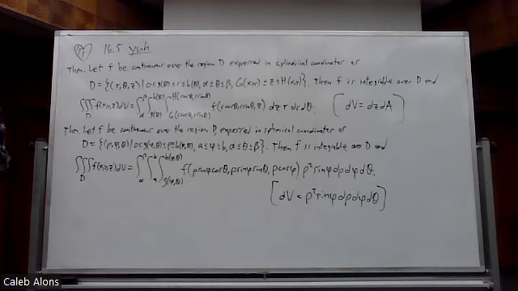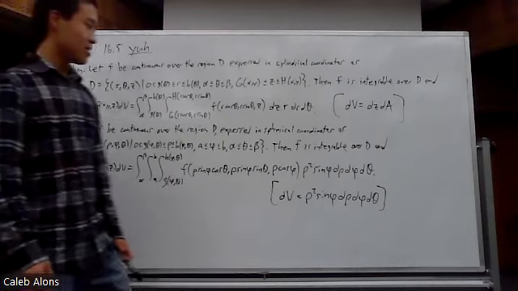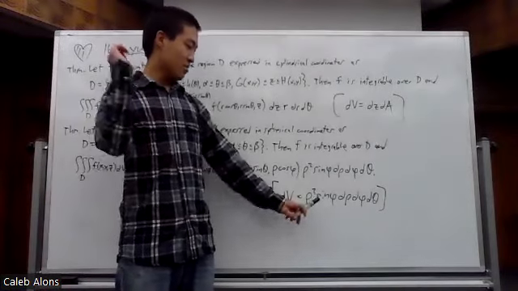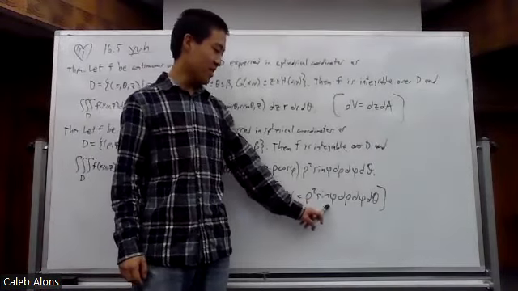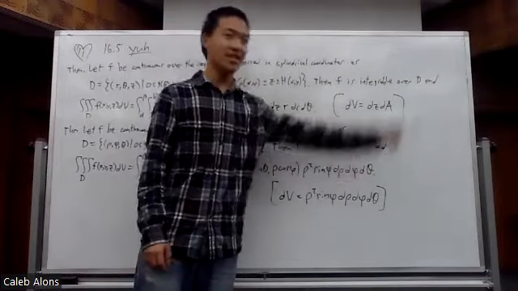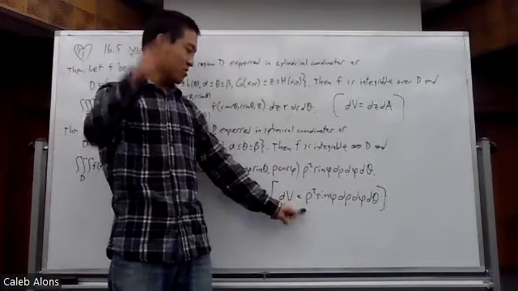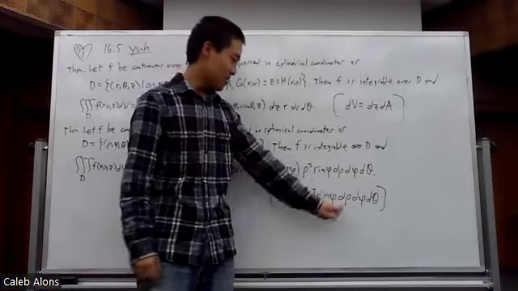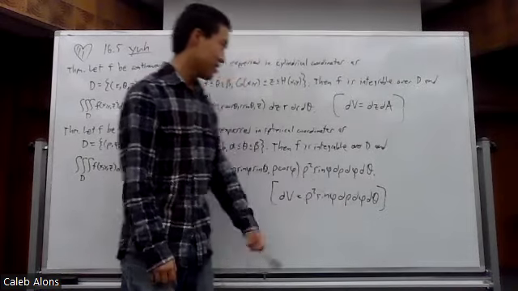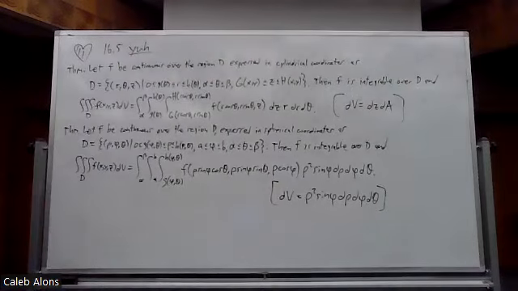And then the spherical dV is rho squared sine phi d rho d phi d theta. Okay, like that.